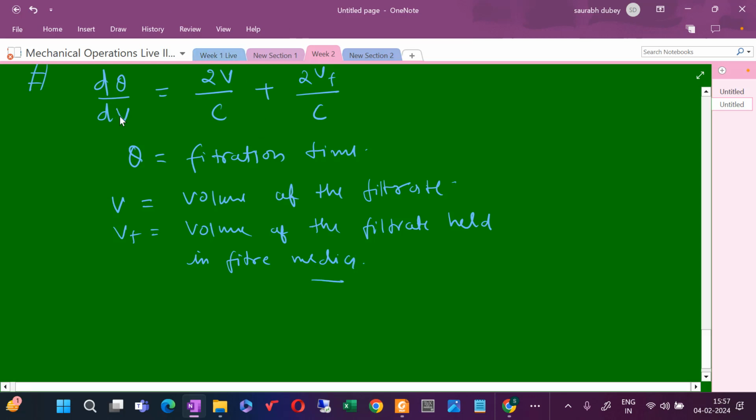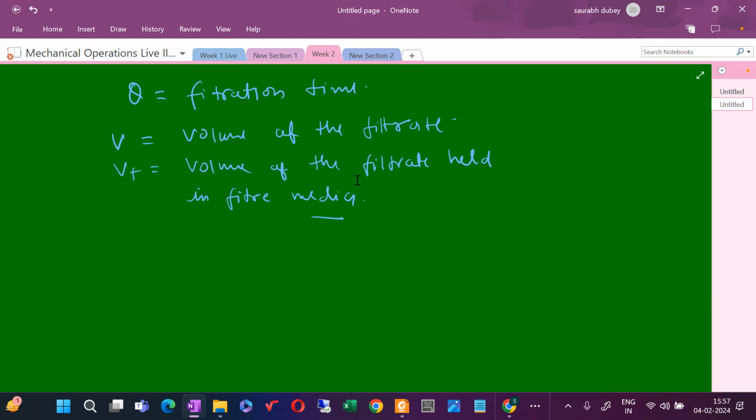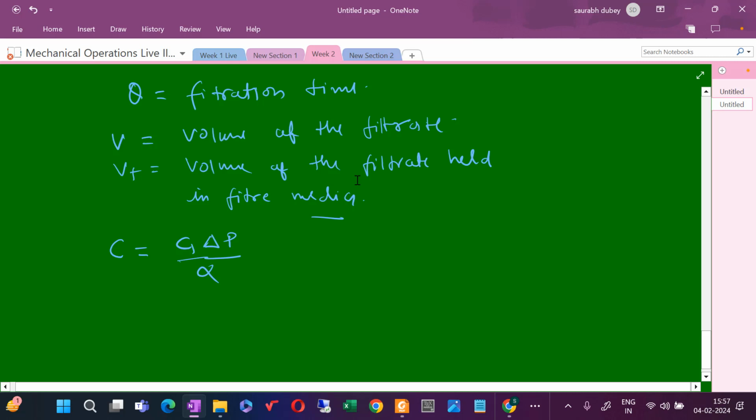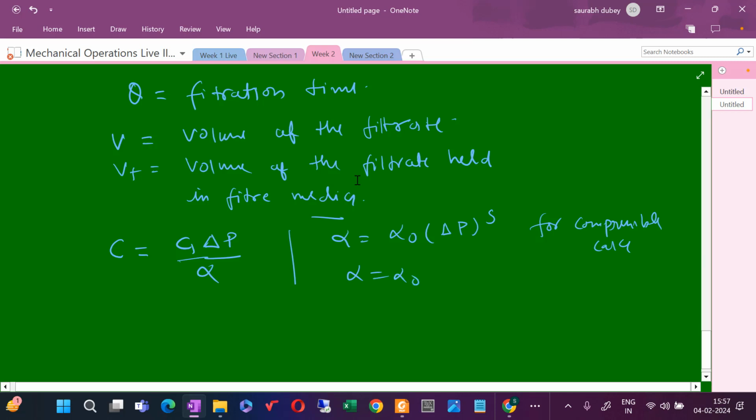So d theta by dv equals 2v by C plus 2vf by C, where the terms are time per unit volume, volume, and C. This C is the factor whose value is C1 delta p divided by alpha, where alpha equals alpha 0 delta p to the power s for a compressible cake, and alpha equals alpha 0 for an incompressible cake.